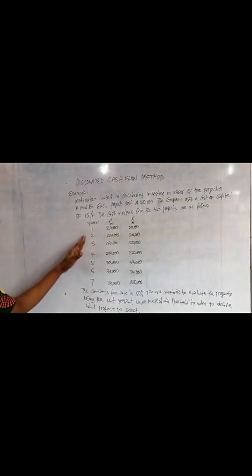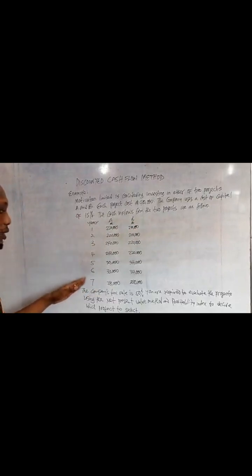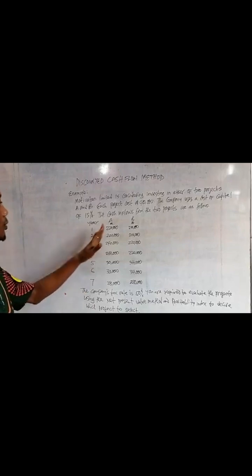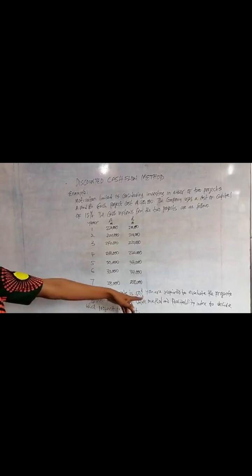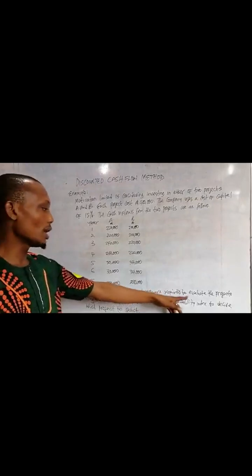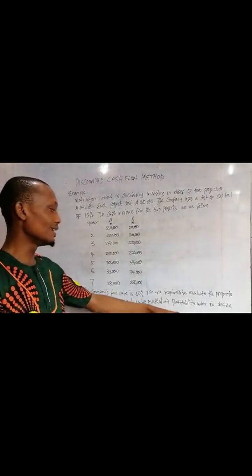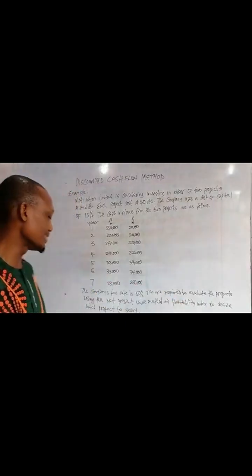Years 1 to 7, we have project A and project B. These are the inflows for each of the projects. The company tax rate is 50%. You are required to evaluate the project using the net present value method and profitability index to decide which project to select.